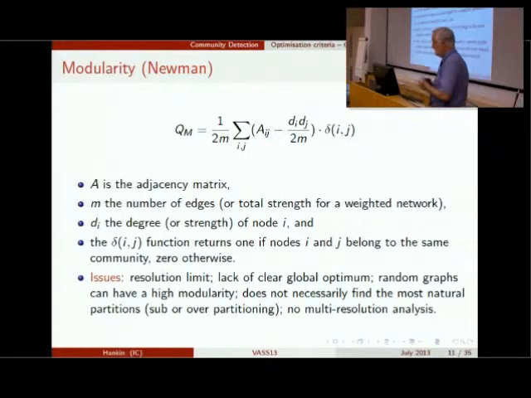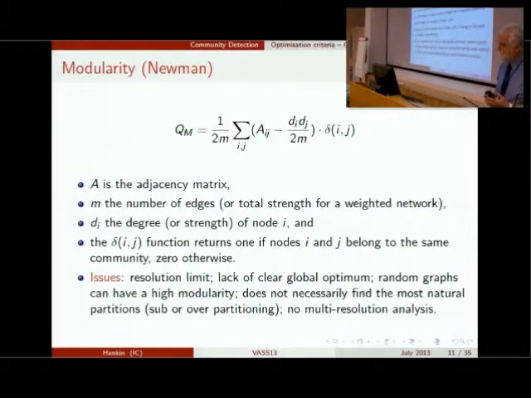It's a global criteria. It looks at the whole graph. It has a few problems, which are listed at the bottom. Maybe the main problems are basically that it can have problems with resolution.